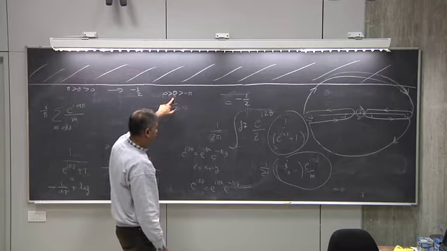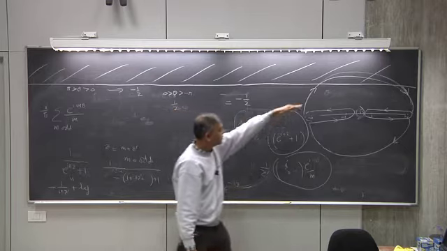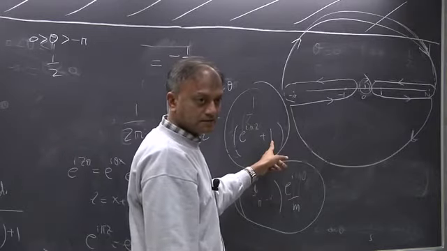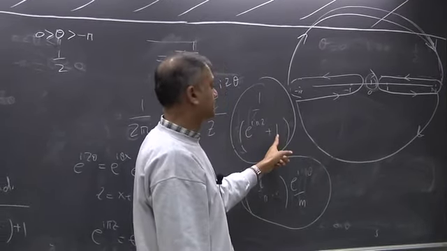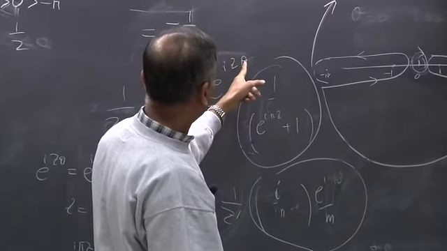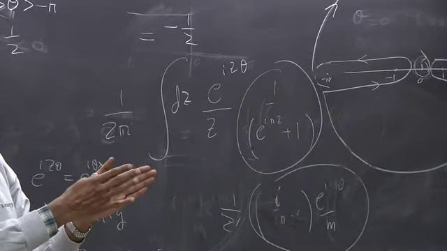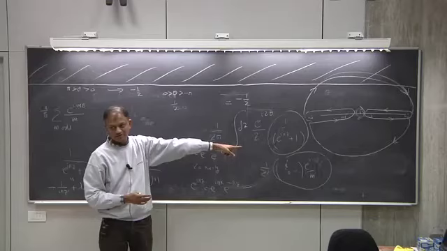Let's take y positive, so let's go up here. Then this I can ignore compared to that, because this is exponentially suppressed. So here the denominator is just 1, but in the numerator now theta is negative. So e to the minus theta y is positive, right? It blows up exponentially. So you cannot use that definition.